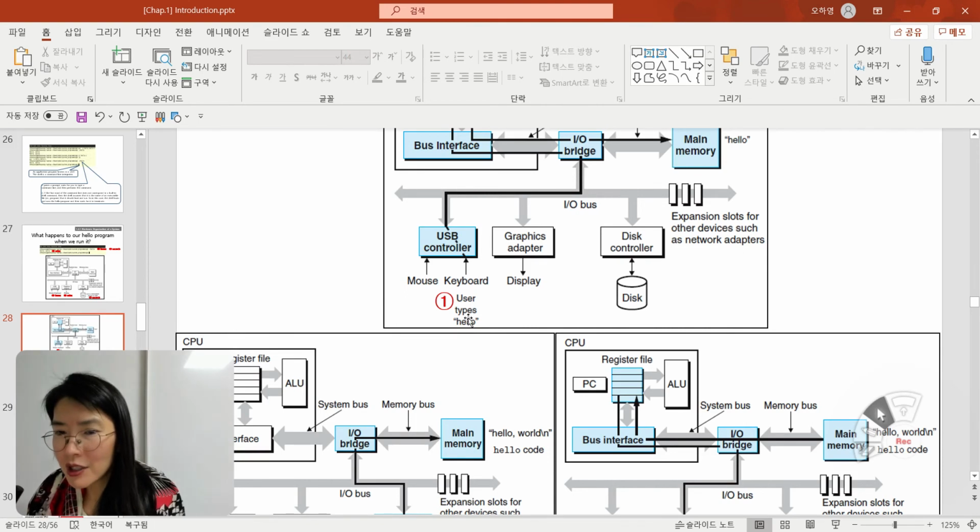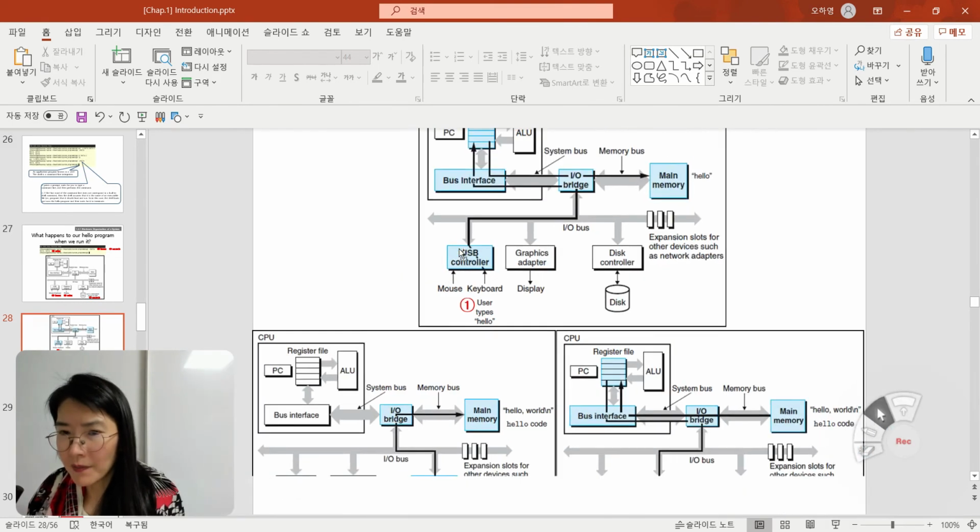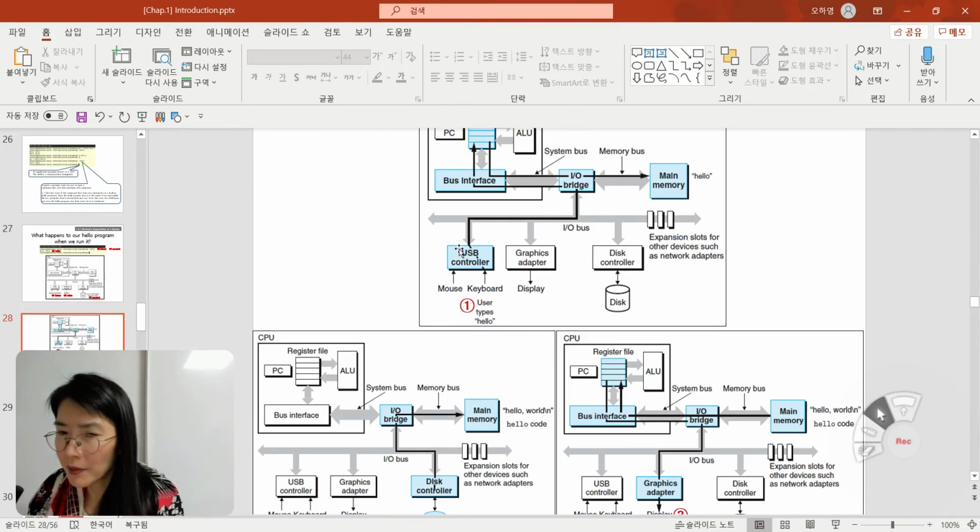So the user types hello, the executable file name, all right? So the shell can search for the executable file in your own disk, as I mentioned, all right?